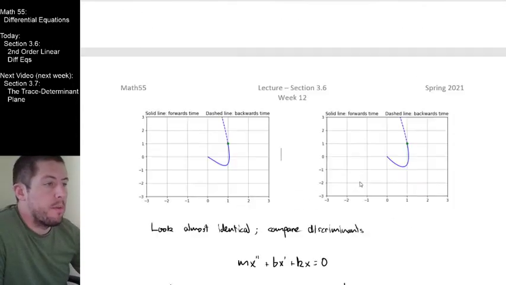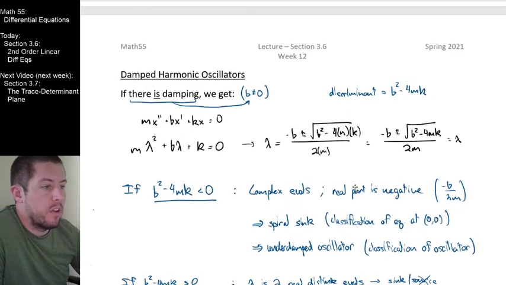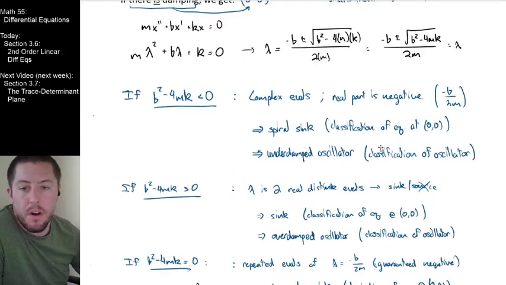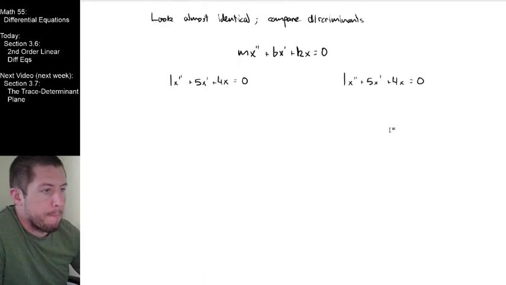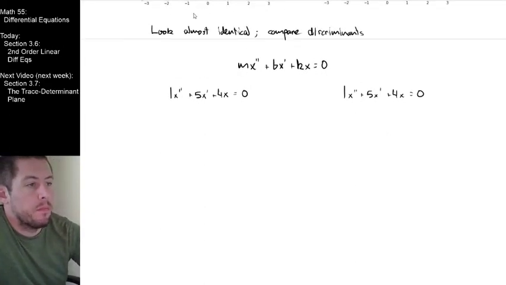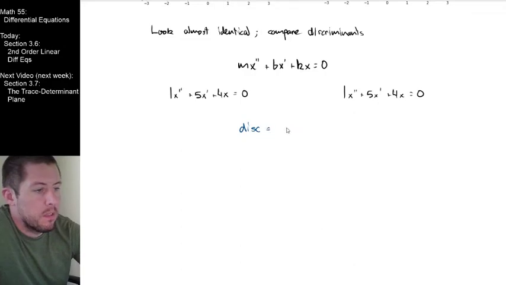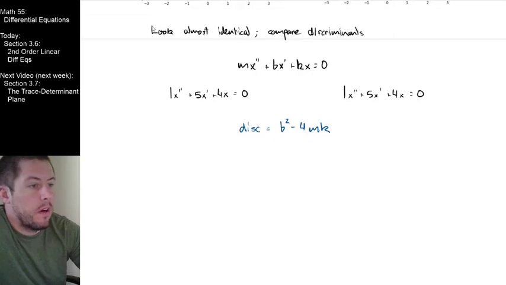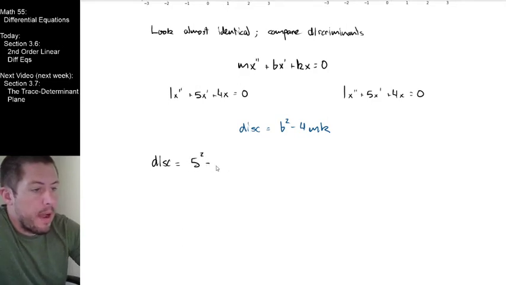In general, our discriminant was b squared minus 4mk. So here, b squared is 5 squared minus 4 times m, which is 1, times k, which is 4. And so here we're getting 25 minus 16, and that's going to give us 9.